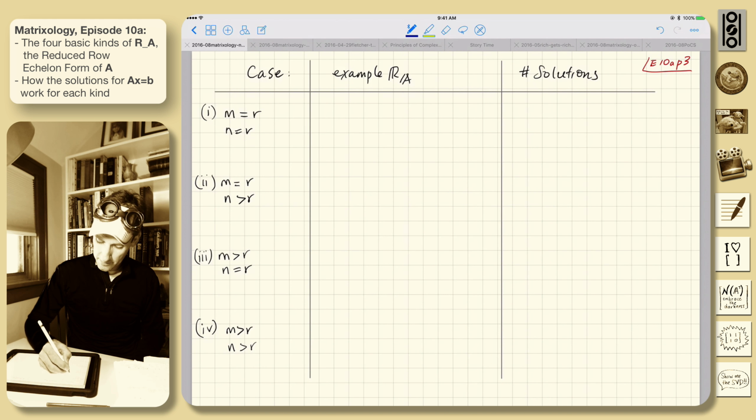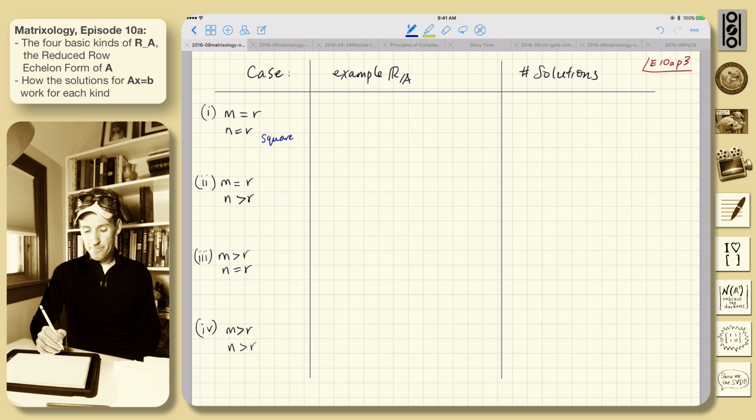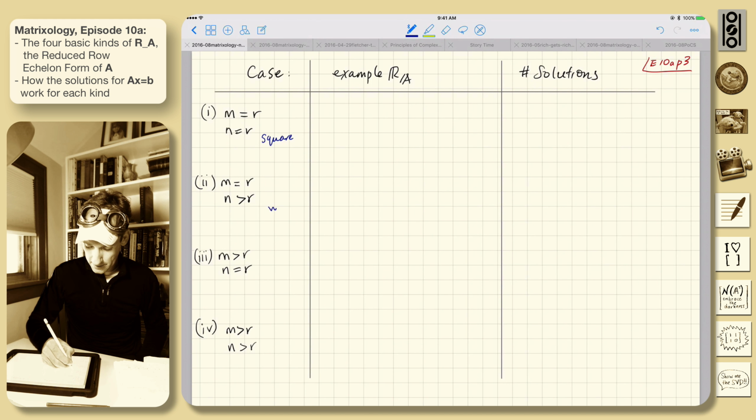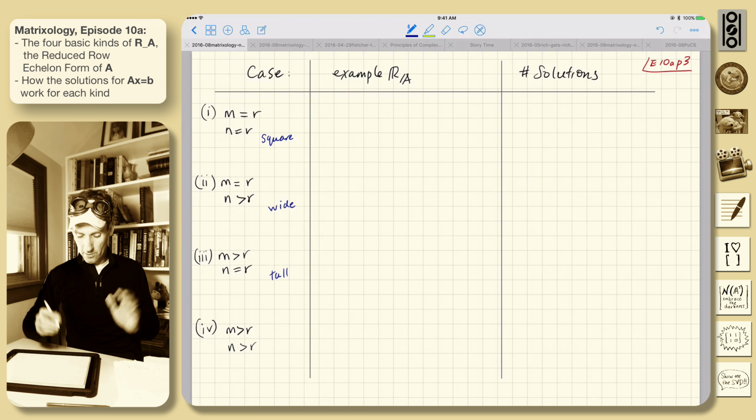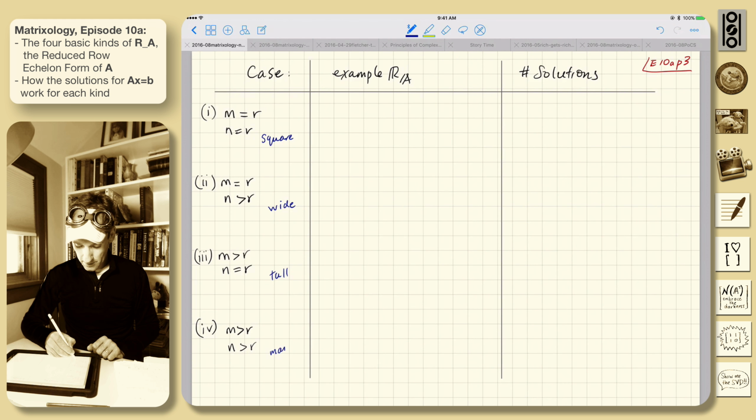These are all the same, so this is square. m equals r and n is greater than r. This is a wide example. And this is a tall example, m is greater than r. And this is a case where we're not sure, right? So it could be many possibilities.